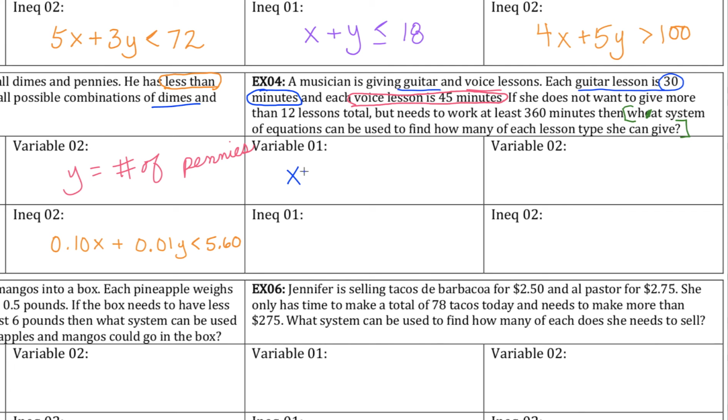So X is the number of guitar lessons, and then Y will be the number of voice lessons.